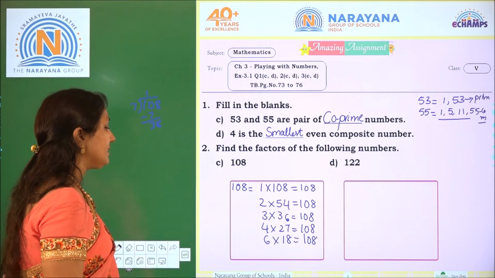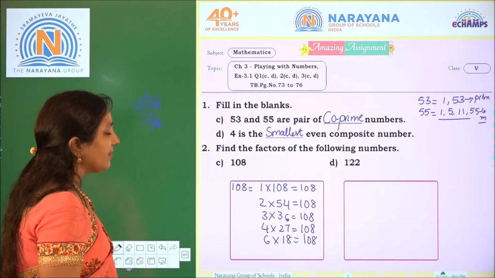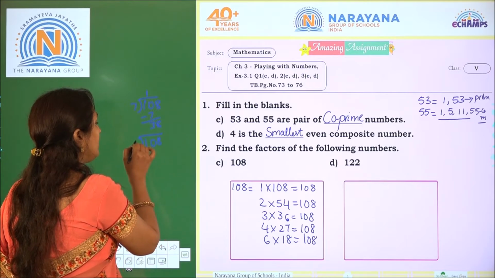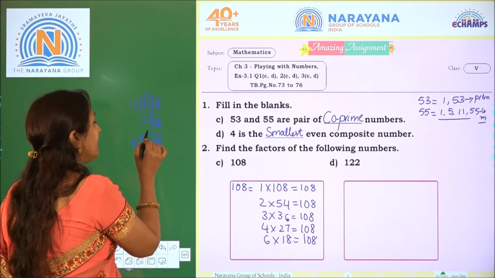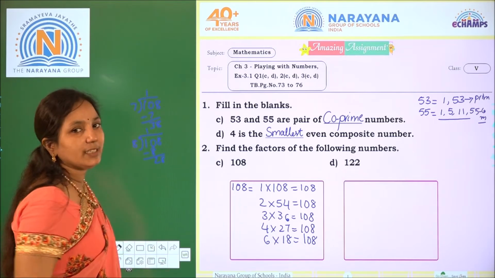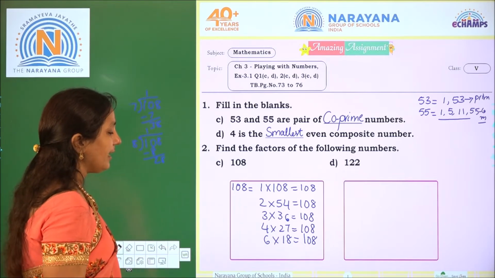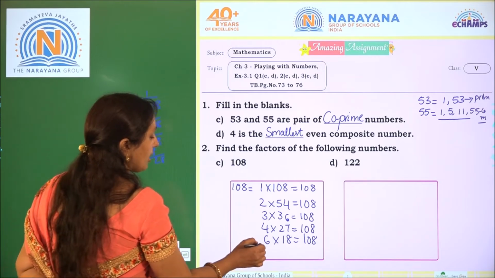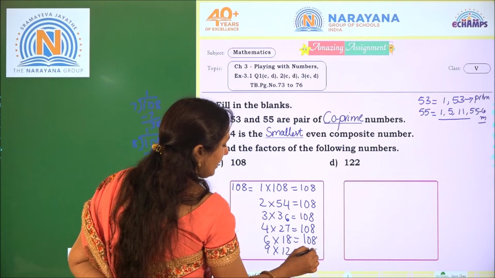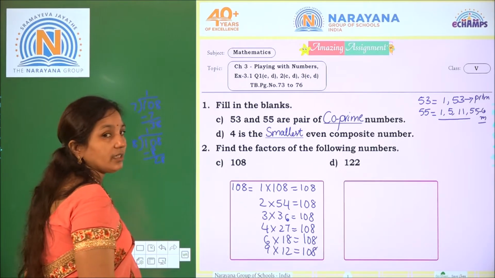Now coming to 8. Can we divide with 8? 1 time 8, then 28. 28 is not there in the 8 table, so 8 also will not divide. Now coming to 9, 12 9s are 108. The 10 table does not divide, and after 10, 11 also does not divide.